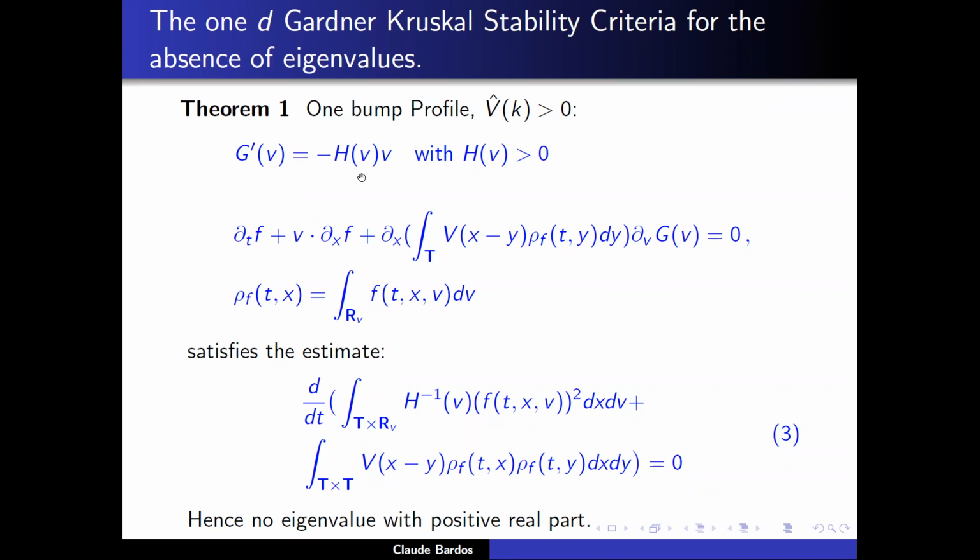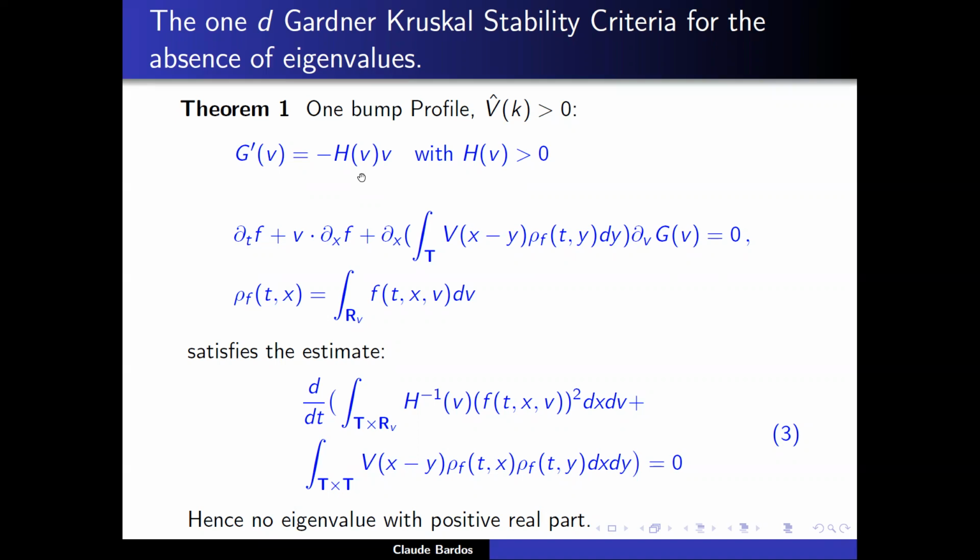What does that mean? That means that if you look at the profile of G of V and T, assume that T is fixed now, it's something which has a principal bump, but no secondary bump, which is an element of this story.